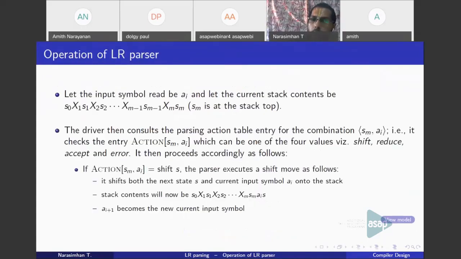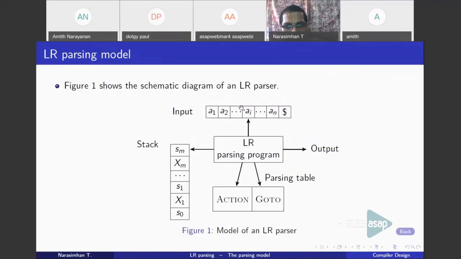So having seen this parsing model, let us see how the parser really operates. You find that Ai is the current symbol being read, and the current top of the stack is Sm.